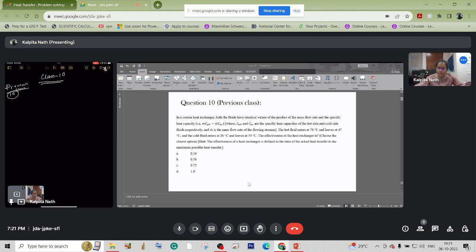So for this question, it's already said that the heat capacities are the same, so we don't need to consider that.